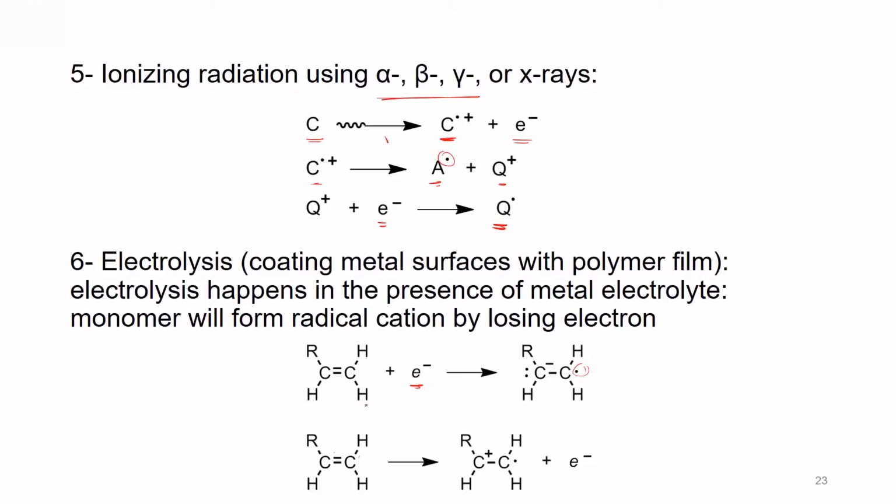So I will have this double bond that will take one of the electrons to form the negative radical, or in the first step actually, a breaking of this double bond to form the positive radical, or what we call the cation radical. So I have the cation radical losing one electron, then another monomer will take this electron to further form the anion radical. So in that case, we don't use an initiator. Instead, we will use the monomer for the initiation of the reaction.